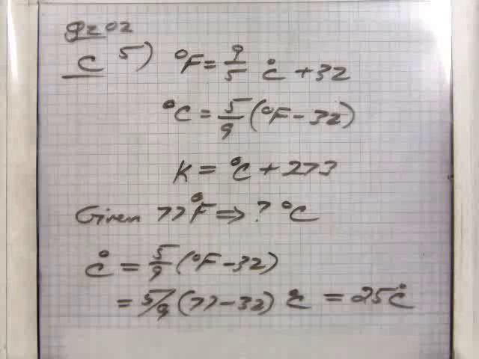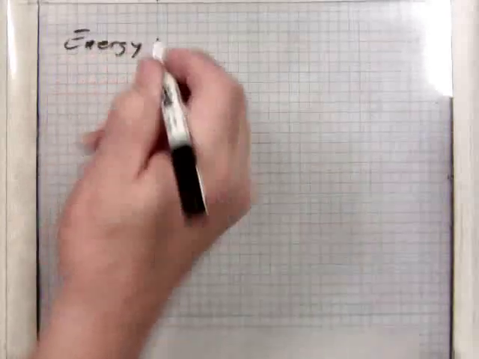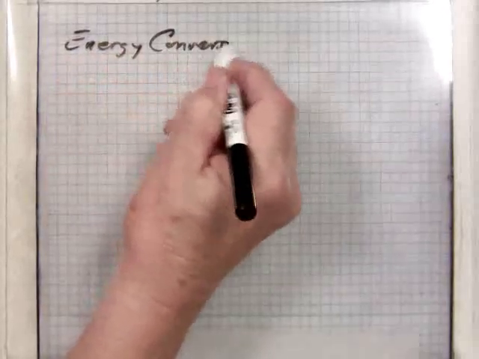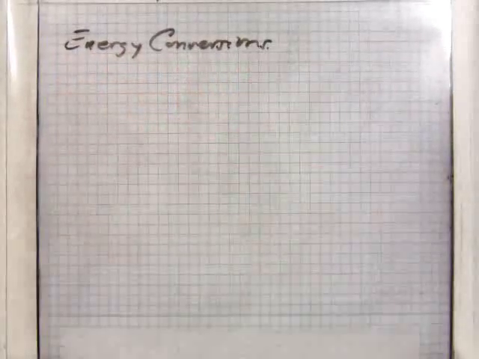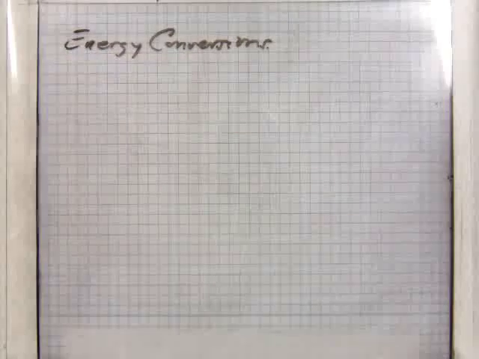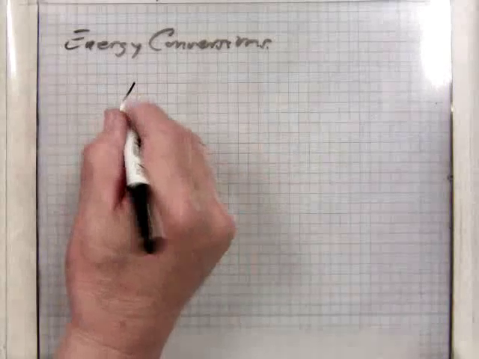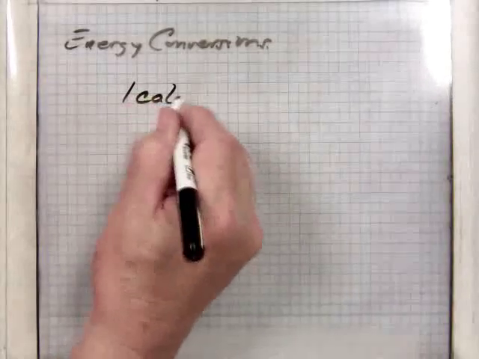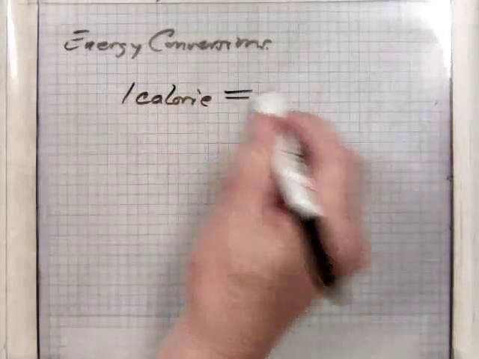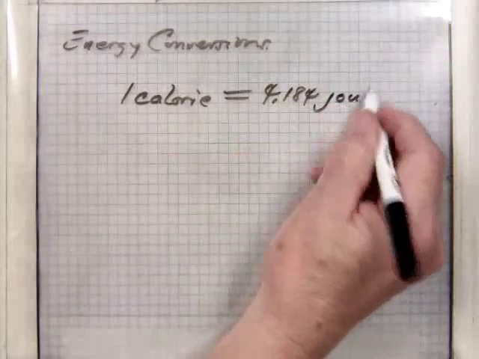There's also conversions in energy. The relationship that we use as a base standard is the joule to the calorie, or the calorie back to the joule. One scientific calorie is 4.184 joules.